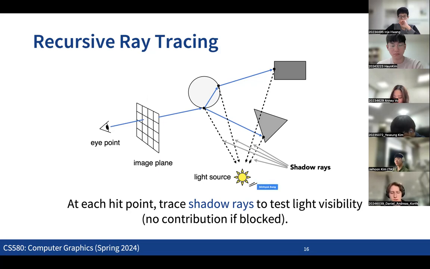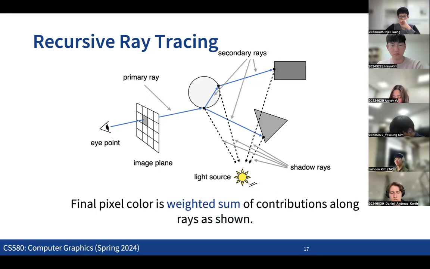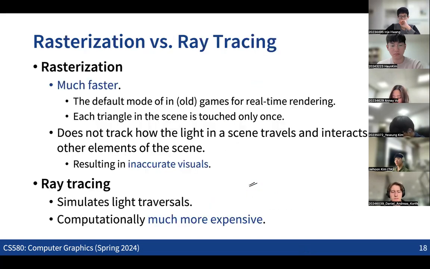This means rasterization can be a faster system, typically accelerated by hardware implementation, but it cannot be an accurate rendering system in that we cannot track all the lights in the 3D space. Compared to rasterization, the advantage of ray tracing is that it is a more accurate simulation of light traversal.